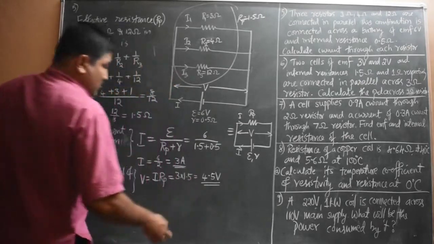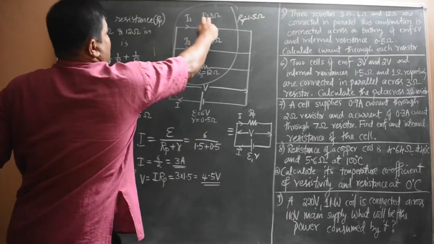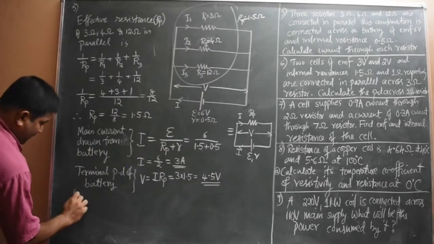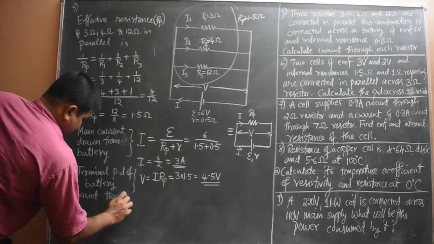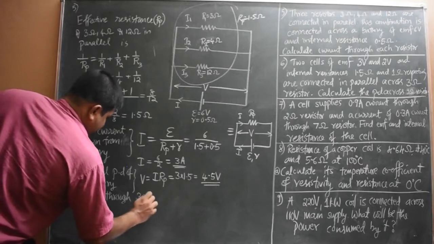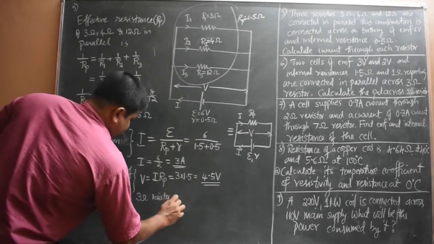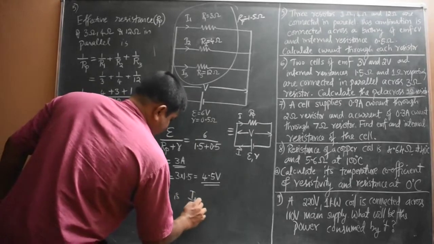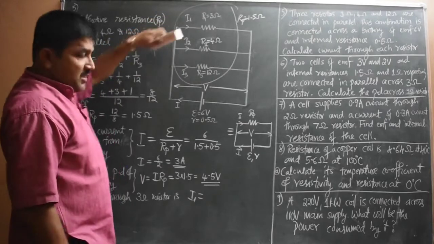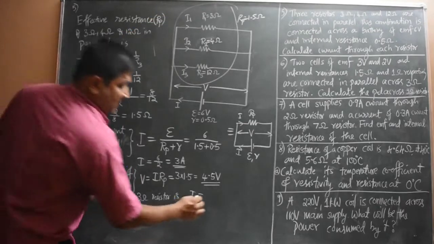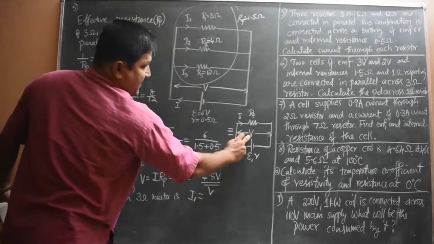Now we can get the current through each resistor. First, the current through the 3 ohm resistor, which I have written as I1. I1 equals V by R1, since the potential difference for the parallel combination is the same V, as in the equivalent circuit.